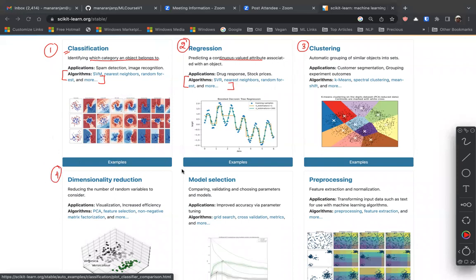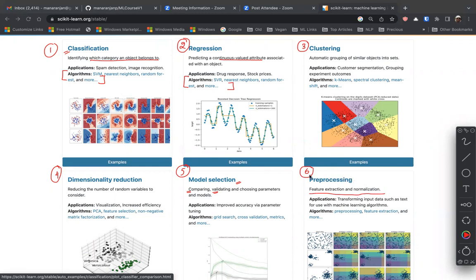Then there are of course two more modules which are primarily dedicated to model selection. So how to validate a model, right? How to compare models' performance and all that, which is used as a part of the model development process. And then there is a module for pre-processing of the data. Some of these algorithms will need a specific kind of pre-processing, like feature extraction and normalization, right?